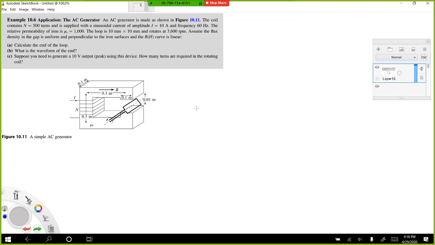Okay, first question. We need to find the electromotive force of the loop.